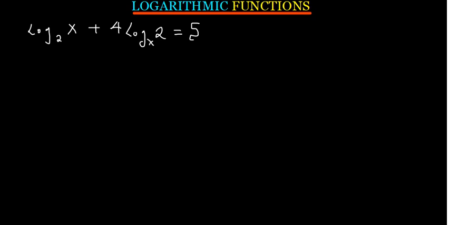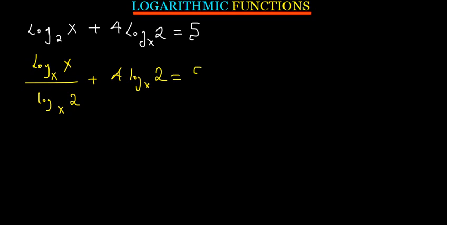You need to make sure that we convert it to the same base. Let me convert from base 2 to base x. So this is going to be log in base x of x divided by log in base x of 2, and then plus 4 log in base x of 2 is going to be equal to 5.